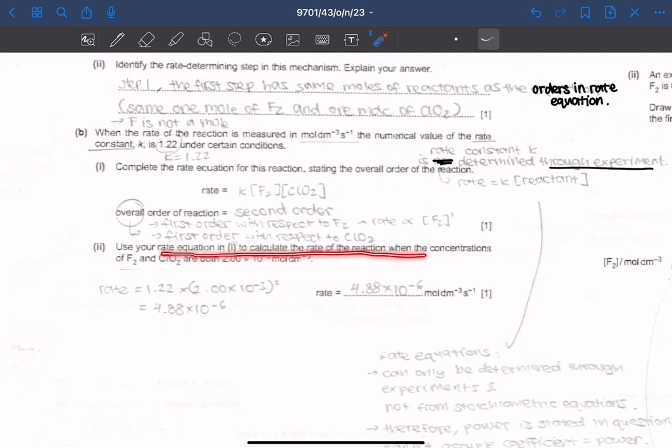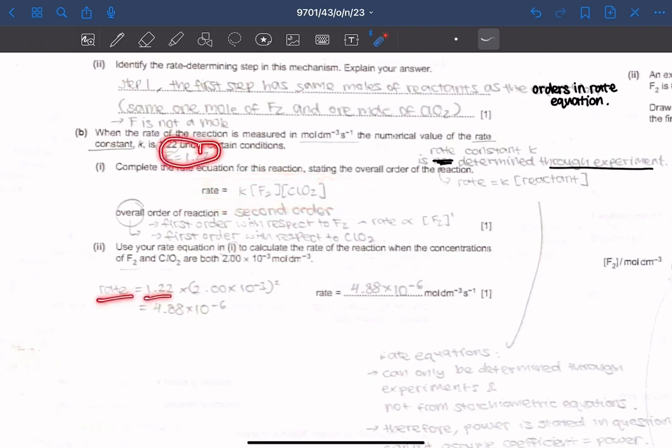Part ii. Use your rate equation in part i to calculate the rate of the reaction when the concentrations of F2 and ClO2 are both 2 times 10 power negative 3 mole per dm cube. So this is very simple. Just insert everything into the equation that we made here.